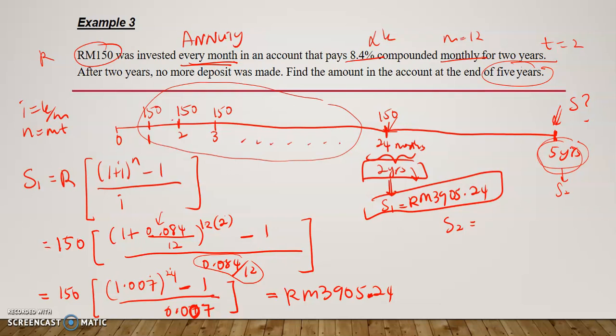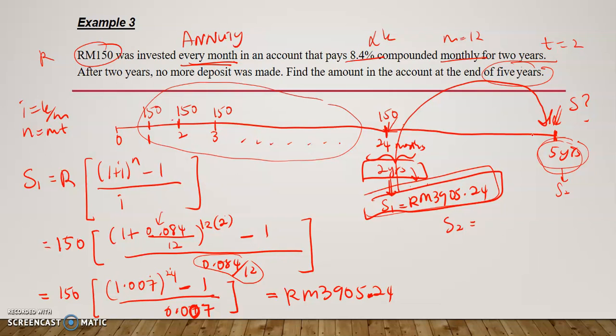So after 5 years, this S1 value will change because we have the interest rate. So this value is compounding into these 5 years. T equals to 5.